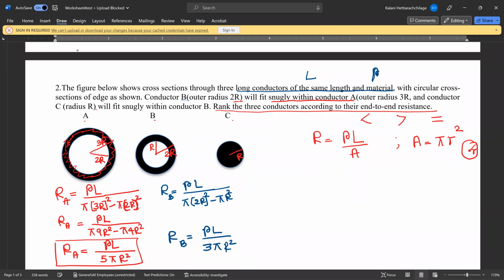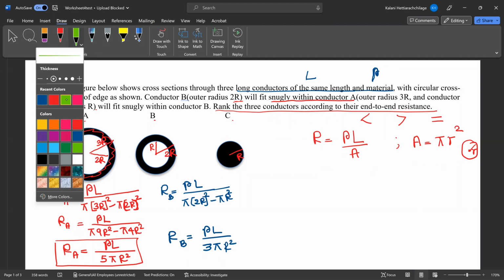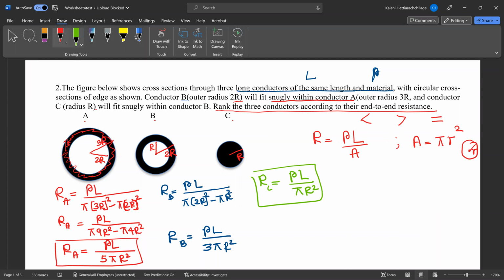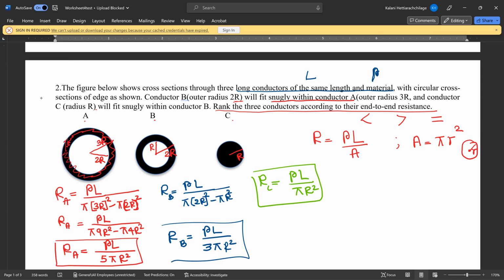Then the other one is the easiest one. The third one, R_C equals rho L over only pi r squared. So now I have these three formulas, right? By looking at these three formulas, you will be able to rank them.